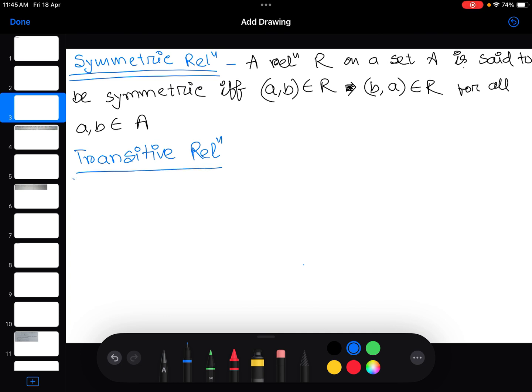Transitive relation. Now similarly we can write. Now what is the transitive relation?